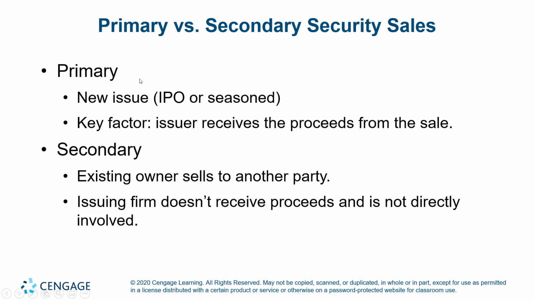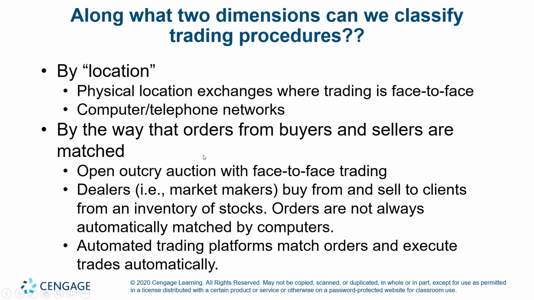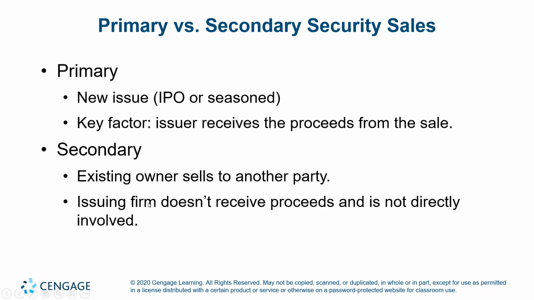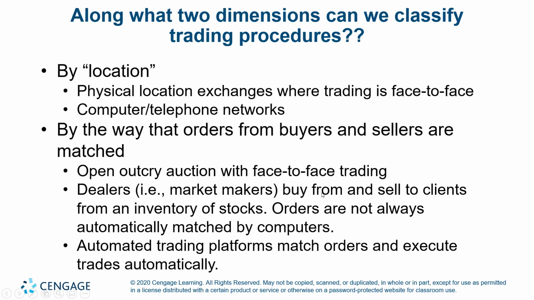As we discussed earlier, the primary market is the new issue market, and the secondary market is the existing market where buying and selling of a firm's shares take place. By location, the trading procedure can be classified on the basis of location and by the way orders from buyers and sellers are placed.